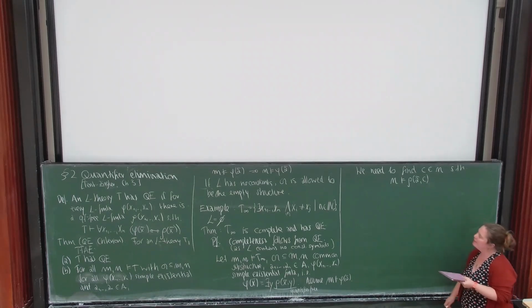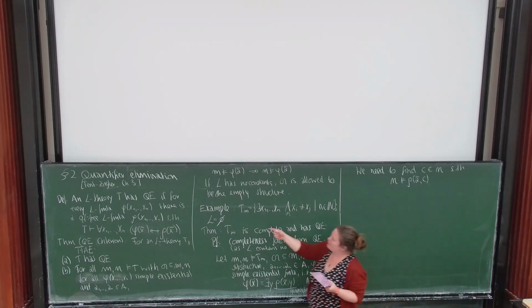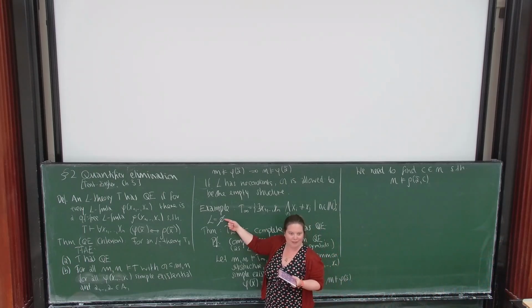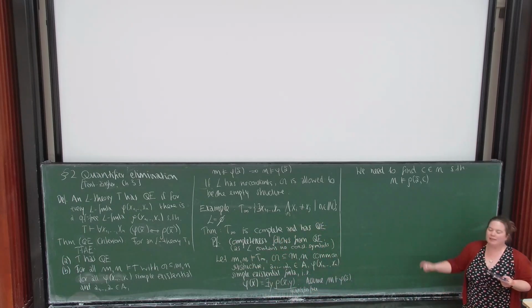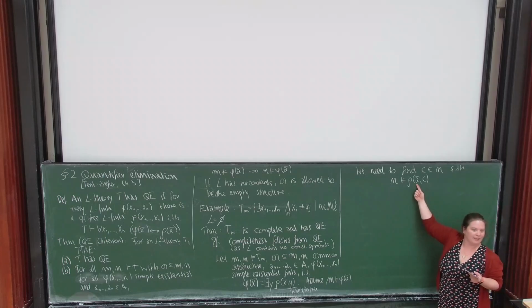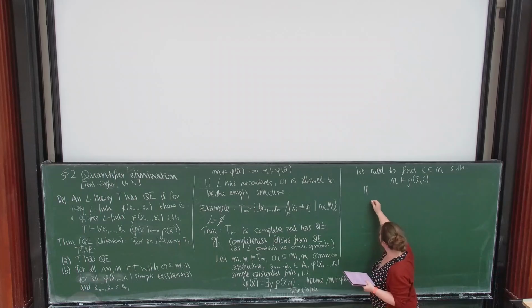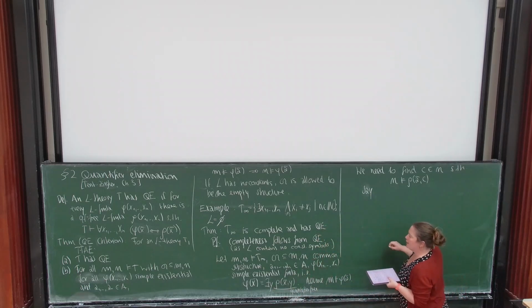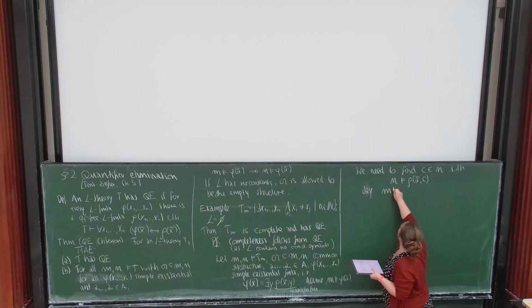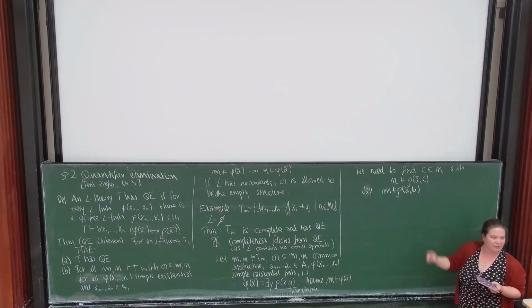But in my language I have no symbols but the logical symbols, so I cannot say very much. So what can my formula rho say? Maybe it says c is equal to one of the ai's. First of all, let me also give a name to the corresponding y in M: say M models rho of a bar, comma b, for an appropriately chosen b.